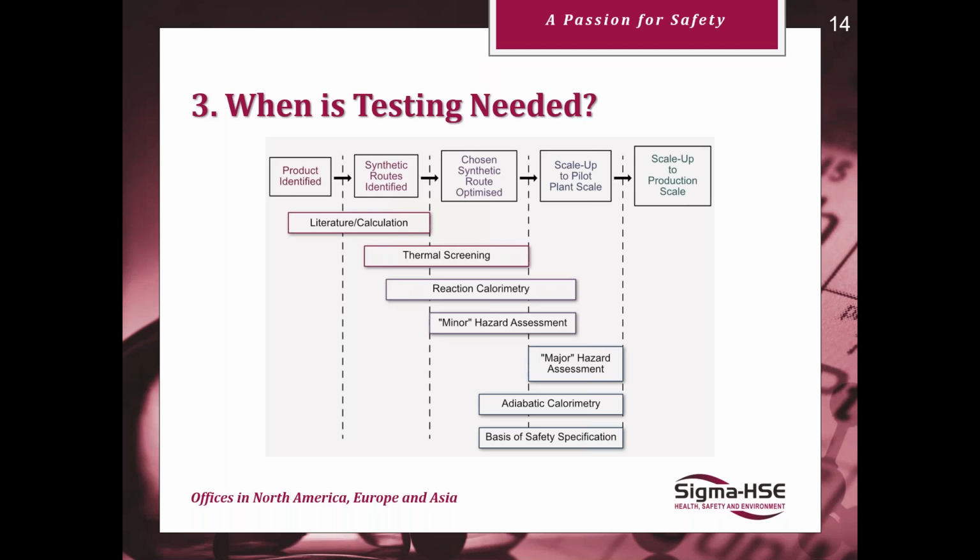So when we start getting some of that data with the thermal screening and the reaction calorimetry, we can start looking at small scale hazard assessments and feeding those into design and controls for pilot plant scale production, starting to scale up.